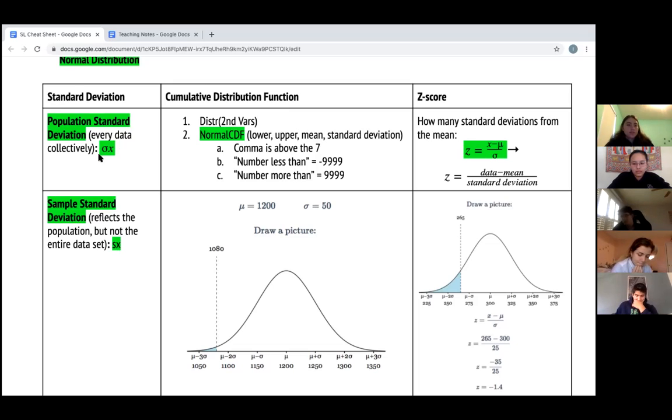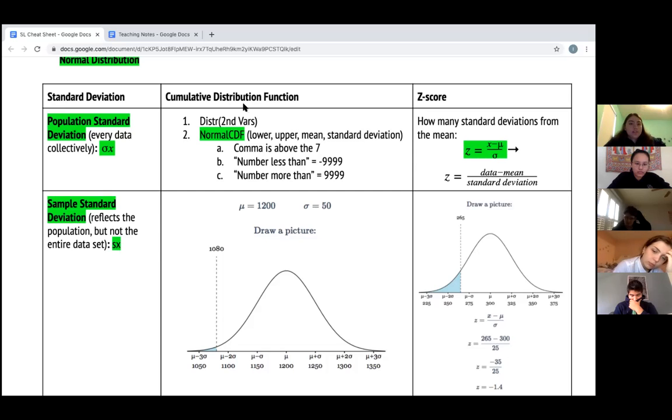So this would be the little symbol. This little O means population standard deviation, and the x represents the distance or the space. And then we have the sample standard deviation, which, like it's in the name, reflects a sample size, a small portion of the population, but not necessarily the entire set of data.